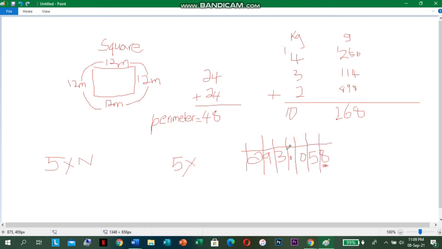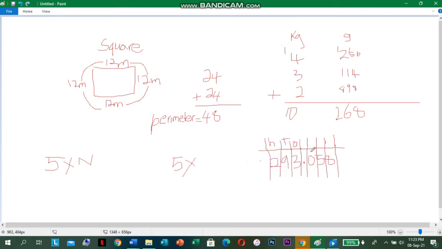All right, so this is 100. Sorry, this is 10, and this is 1. So we have 200, 9 tens, and 3 ones. And here we have 0 tenth, 500th, and 8,000th.